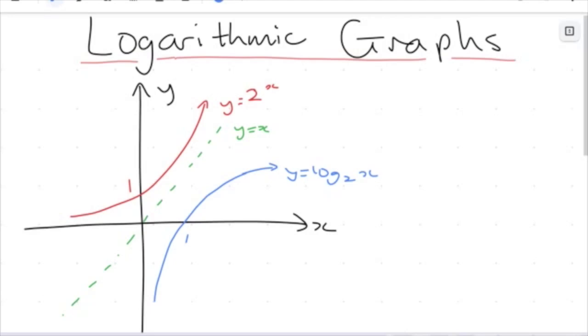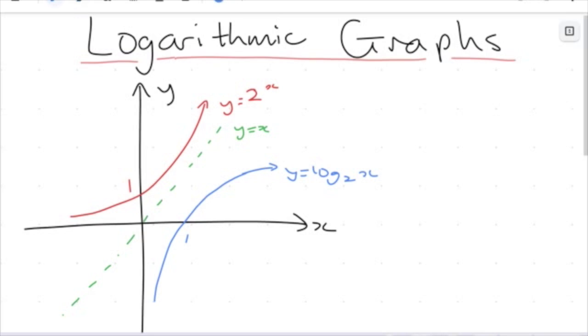In the previous video we introduced the logarithmic graph as the inverse function to our regular exponential graph. So you can see in this picture that I have a graph y equals 2 to the power of x, and I have this graph in blue, y equals log to the base 2 of x. And we drew in this line of y equals x just to show that one of these is indeed a reflection of another.